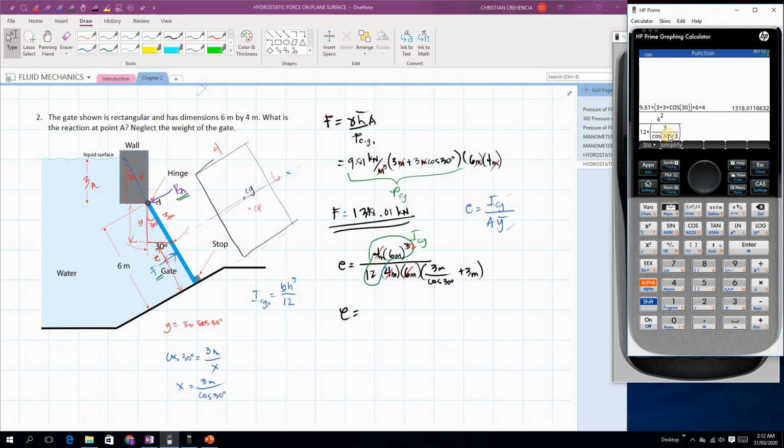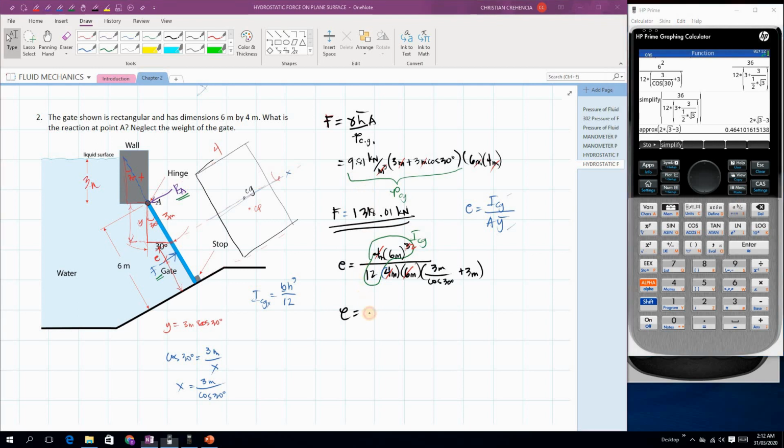Okay. Ups, mali. Ayan. So, plus 3. So, simplify natin. Okay. So, we have 0.4641 meter from the centroid. Okay.